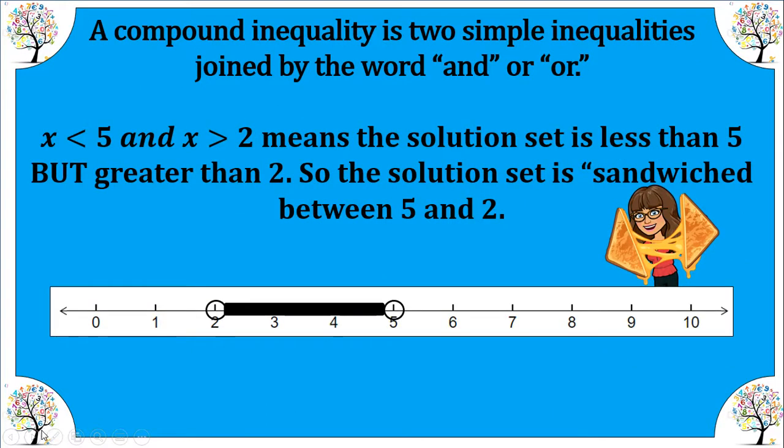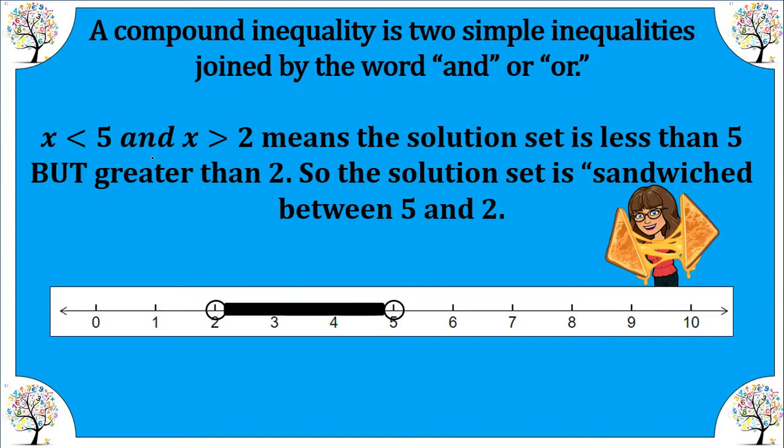Okay, now let's take a look at compound inequalities, where we're either going to use the word and or or. And so we have an example here. If we have x is less than 5 and x is greater than 2, that means the solution set is less than 5 but greater than 2. So you can see here that it's sandwiched in between 2 and 5, and neither 2 nor 5 is included.